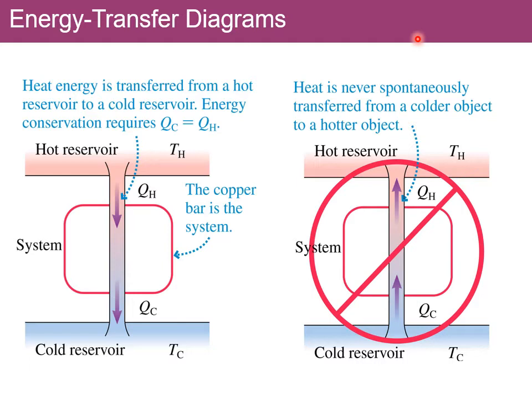The diagram shows the direction of the energy transfer. The diagram to the right does not represent a physical situation for a spontaneous transfer of heat, as heat is not spontaneously transferred from a low temperature reservoir to a high temperature reservoir.